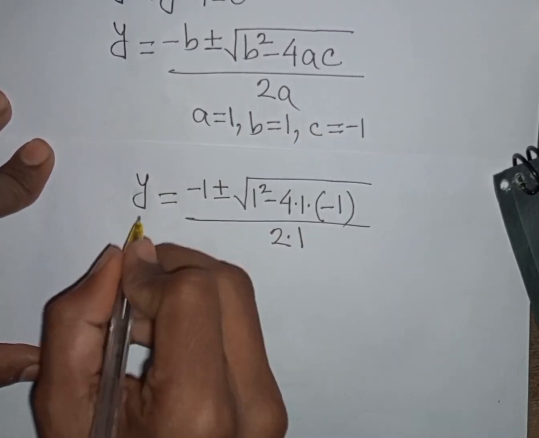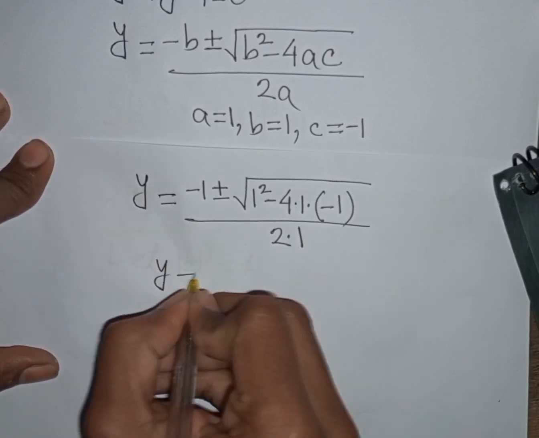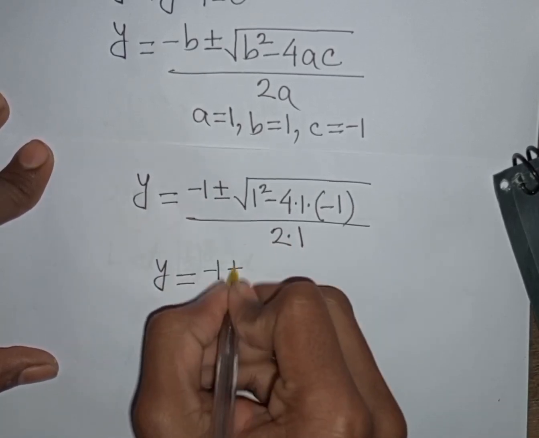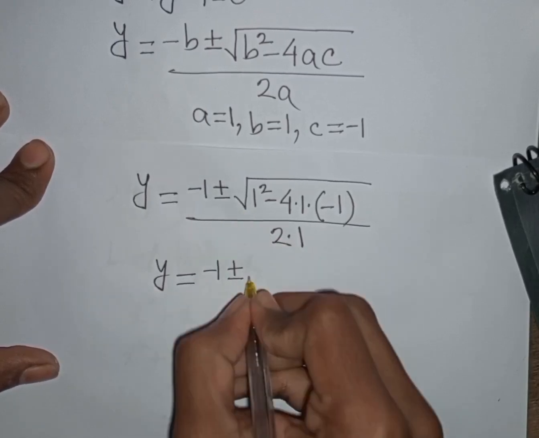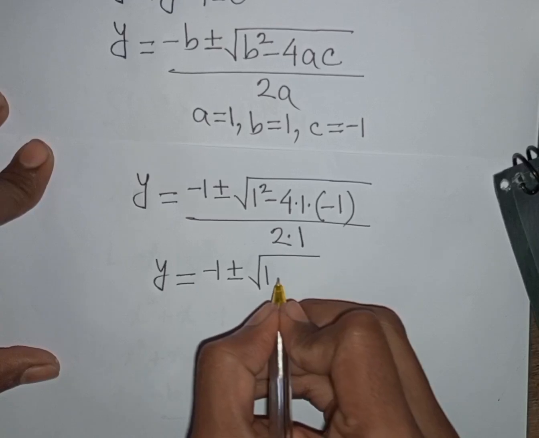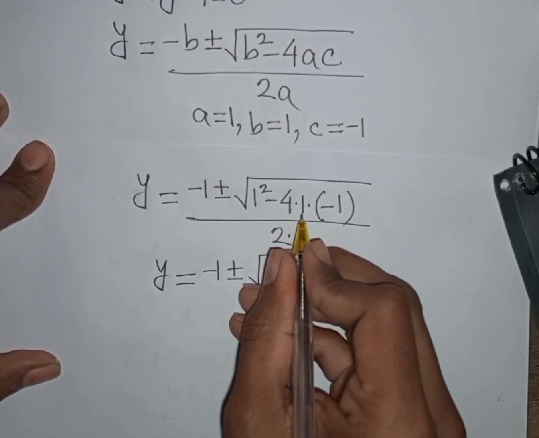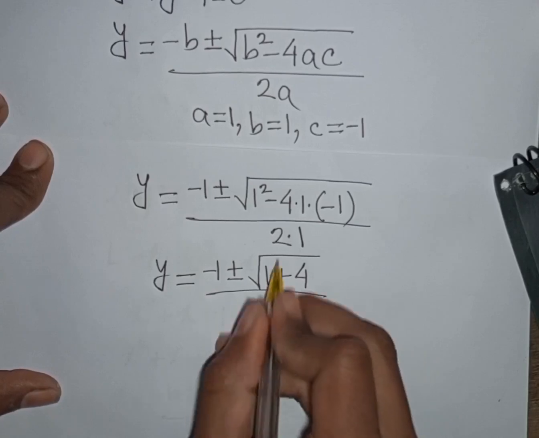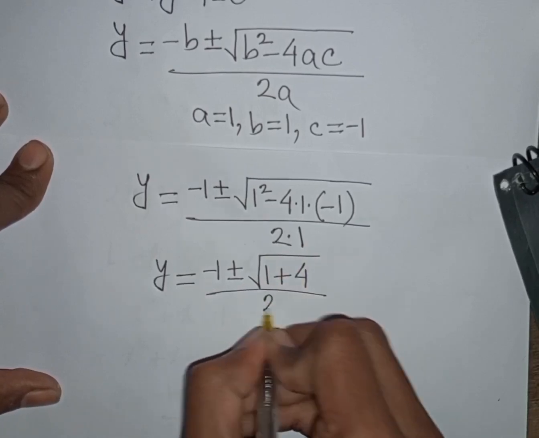Now y is equal to minus 1 plus or minus the square root of 1 squared, which is 1, then minus times minus is plus 4 times 1 times 1, which is 4, divided by 2 times 1, that means 2.